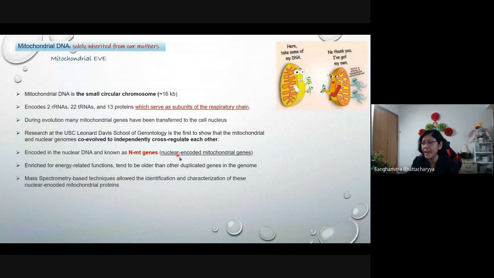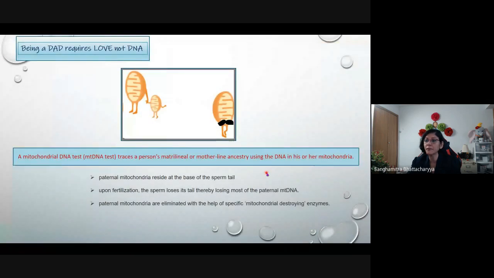Now, these nuclear encoded mitochondrial genes, of course, get translated into proteins that get expressed in the mitochondria, and they have been identified and characterized by mass spectrometry based techniques. Now, these nuclear encoded mitochondrial genes tend to be older than the other duplicated genes in the genome.